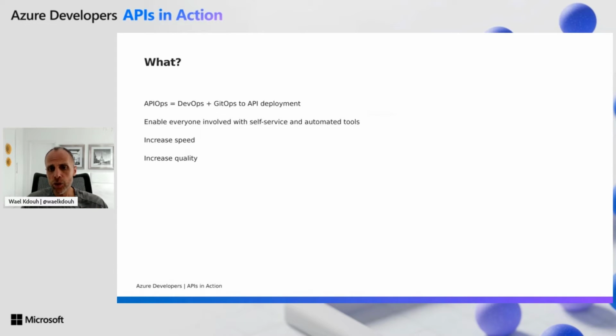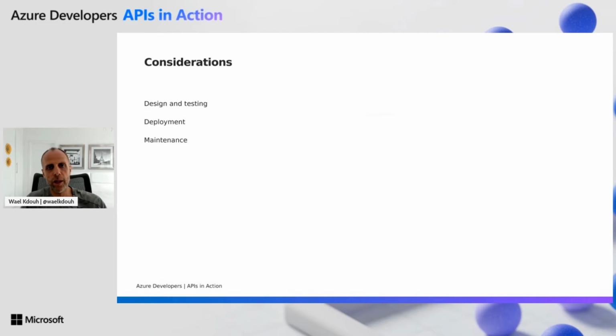This ensures the quality of specifications and the APIs they're building. The beauty of having such tools in place is that, in addition to introducing a solid DevOps process and automation, it also allows you to ensure better quality as well as speed, due to the level of automation we're enabling with APIOps.